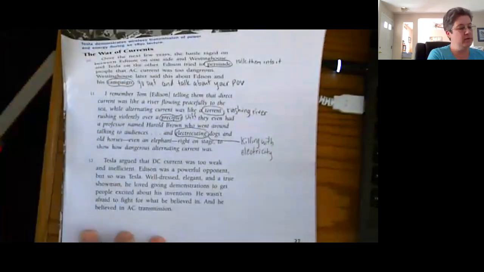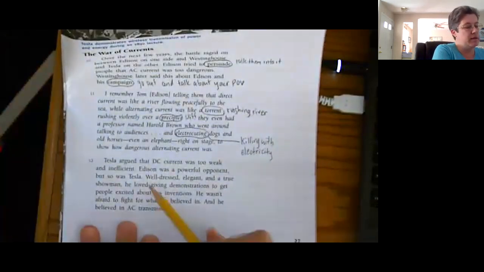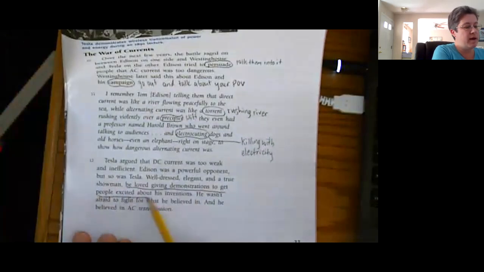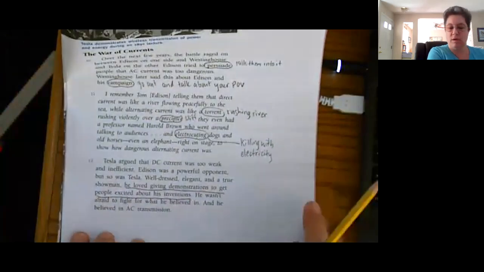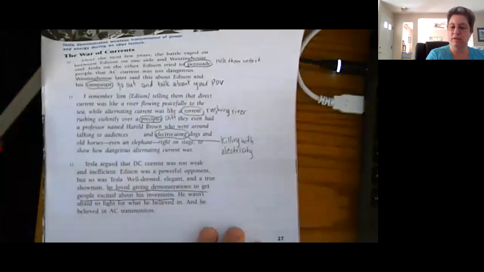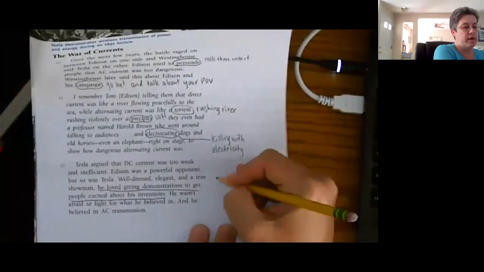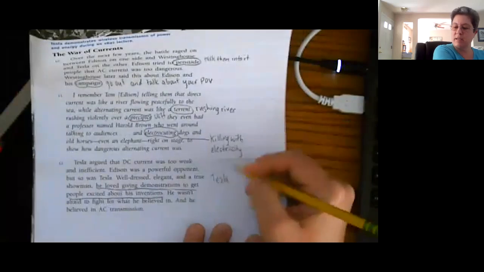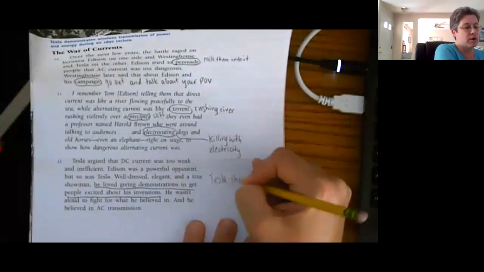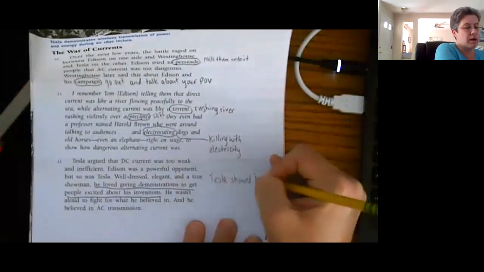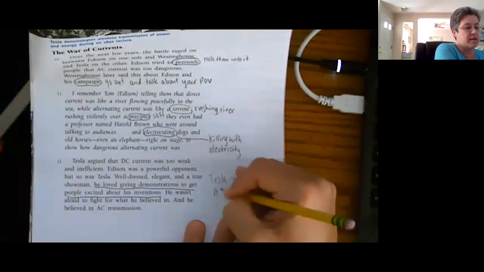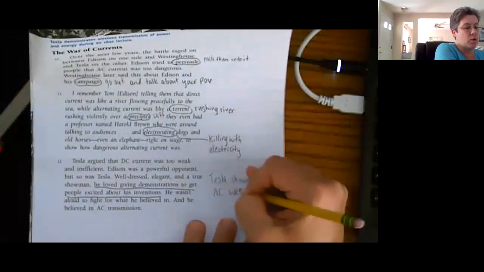There was a battle, but Tesla loved giving demonstrations to get people excited about his inventions. That's a key detail that I'm going to turn into this statement right here. Tesla showed how AC was better.